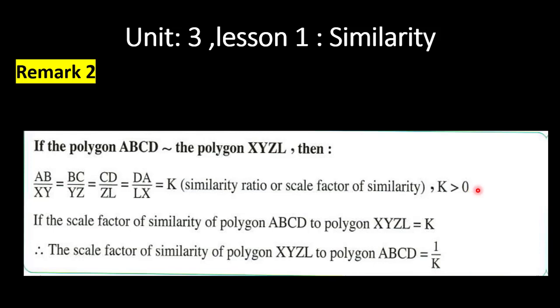And K is always greater than 0. If the scale factor of similarity of polygon ABCD to polygon XYZL is K, it means that the scale factor of similarity of polygon XYZL to ABCD is the reciprocal, 1 over K.